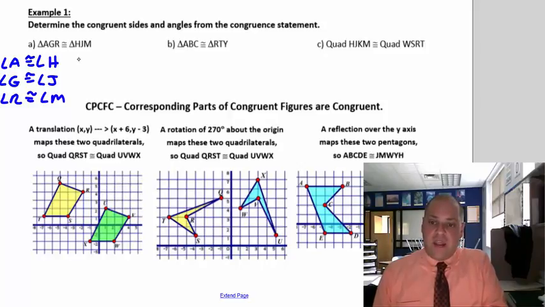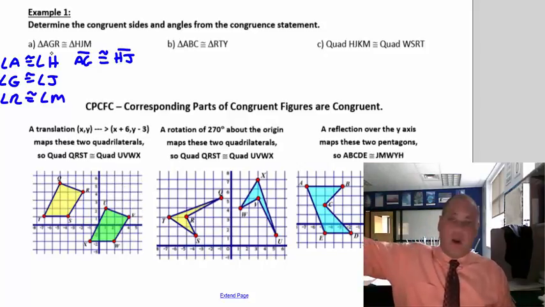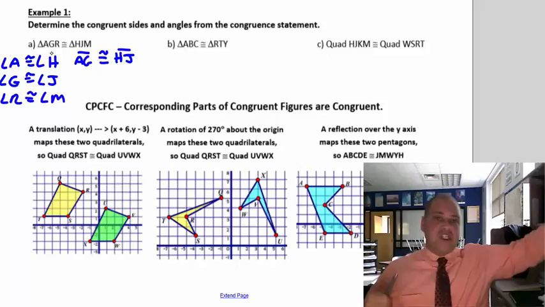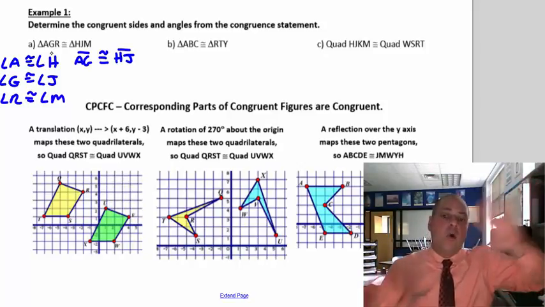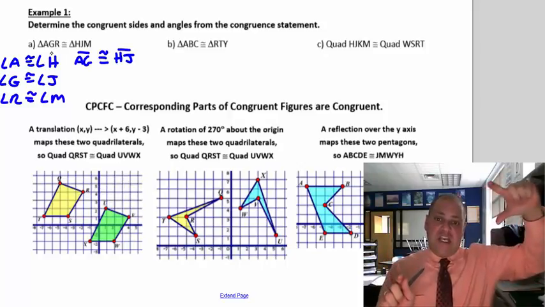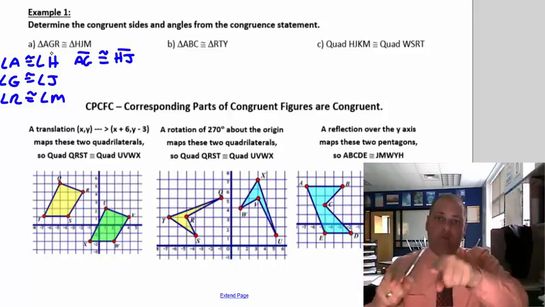First letter, second letter, AG, must be congruent to first letter, second letter, HJ. So side AG, whatever triangle AGR is, and wherever triangle HJM is on the graph or just in the plane, it doesn't matter, it doesn't have to be on a graph, wherever they are, AG will be the same length as HJ because of the way it's written on here.